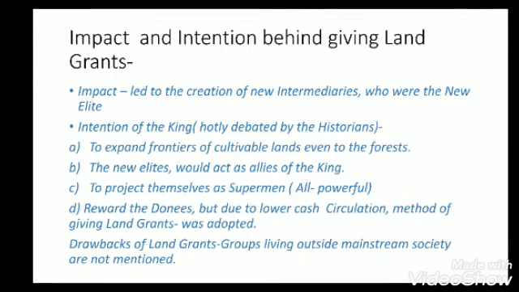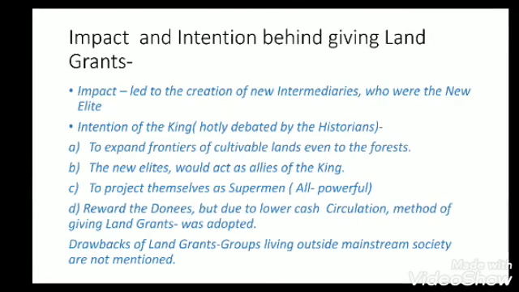So in order to have control over his empire, instead of only leaning on samans, the king decided to create a new class of rural elites, whom he could trust.